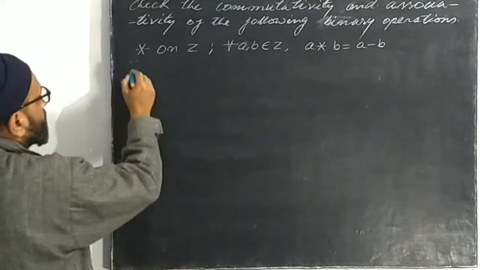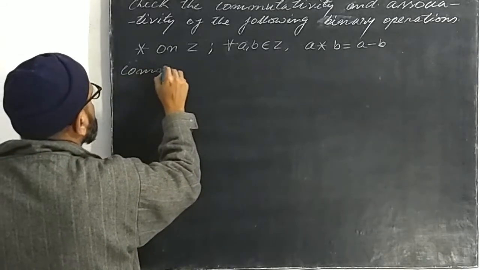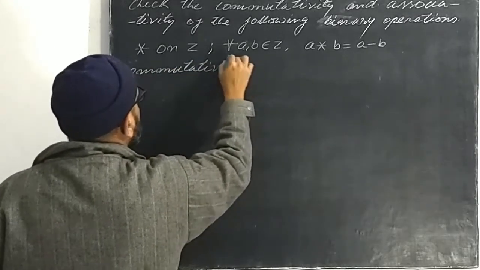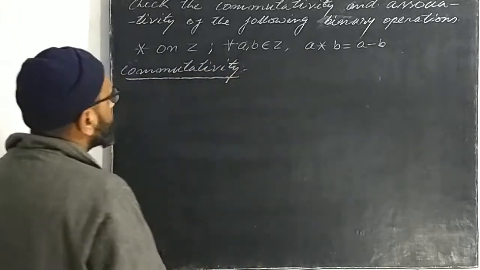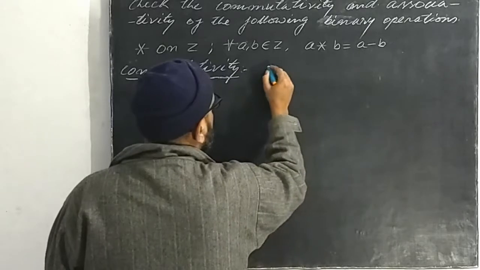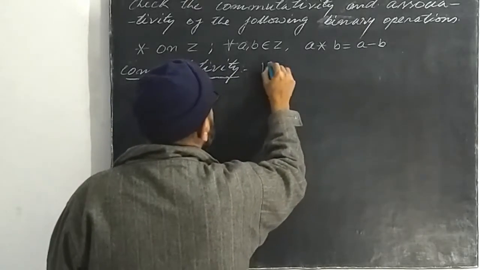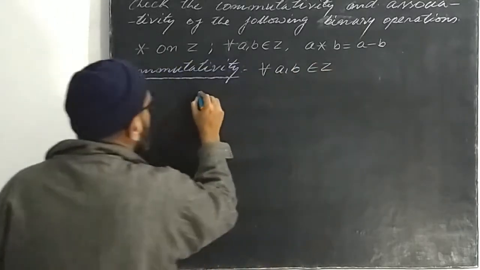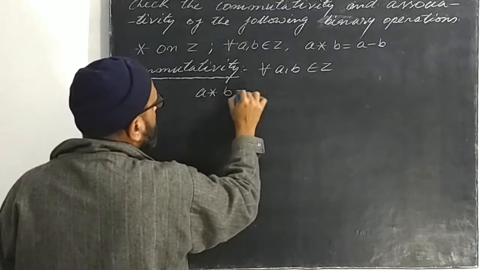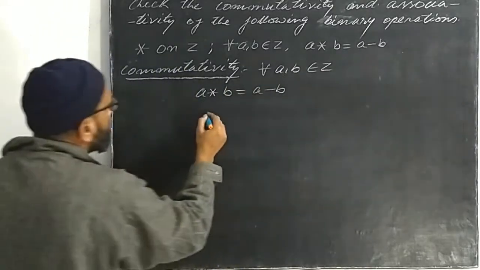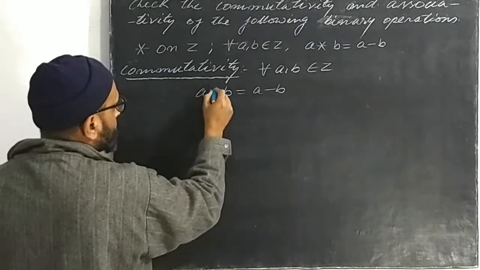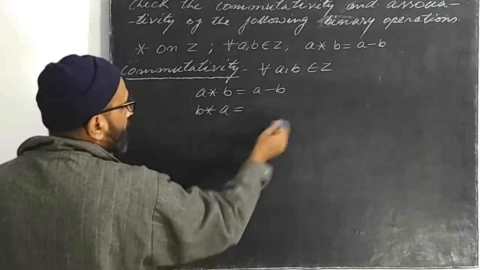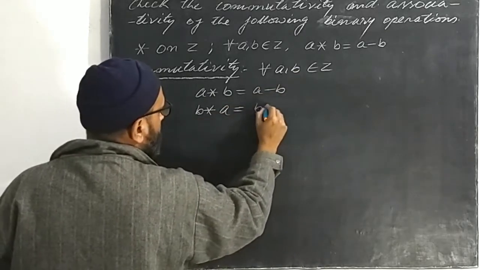So now we have to check the commutativity. Let's check commutativity first. For any two elements a, b from Z, a star b is equal to a minus b. If we interchange the places of a and b, we may write it as b star a. Now according to the definition, it is equal to b minus a.